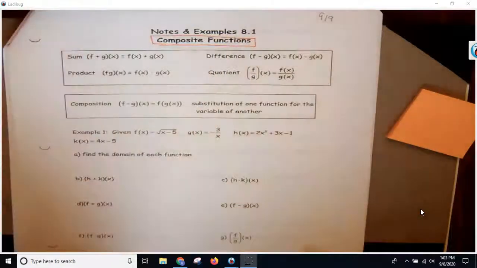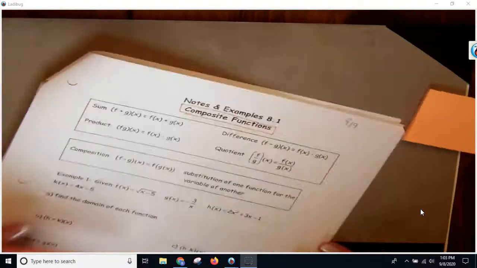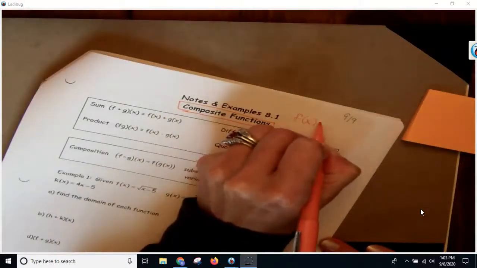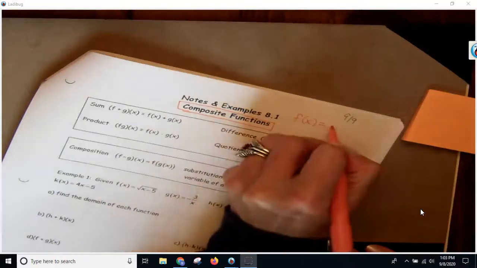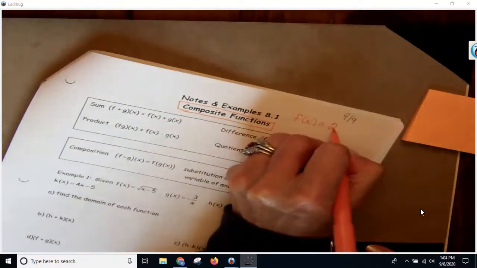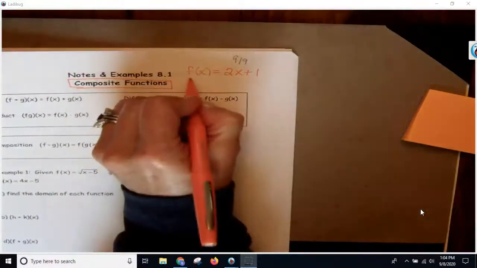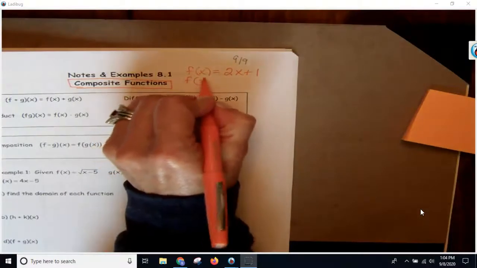Now, what you've already learned is that when you have, for an example, a function f of x equals, say, 2x plus 1, and we say, okay, let's find out what f of 3 is.